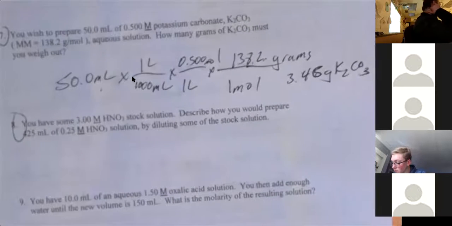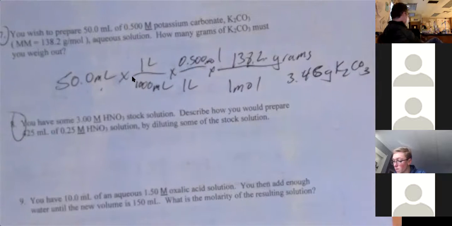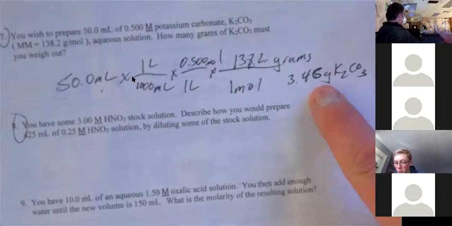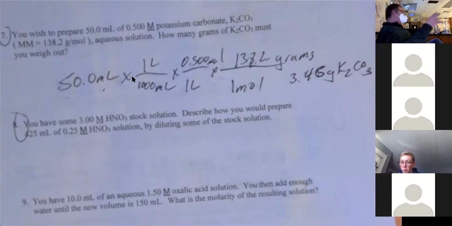What that will look like is just like table salt, right? A lot of them look the same. Some of them look cooler than others. Maybe I'll show you some later. But that will look like a powder. I would have to measure out 3.46 grams of this powder on a scale. It would look just like a pile of table salt on the table.